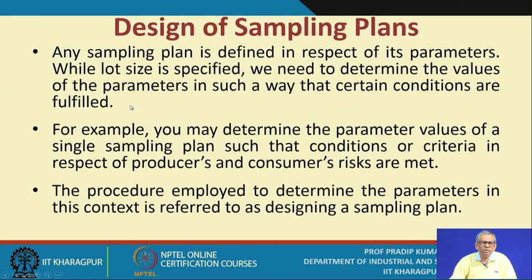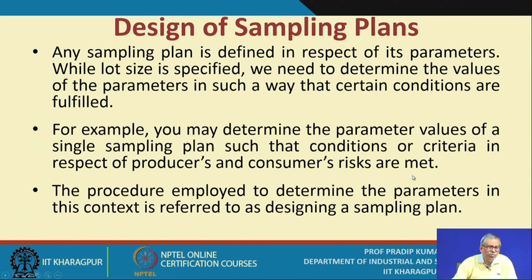Any design exercise is carried out to meet certain goals or objectives. For example, you may determine the parameter values of a single sampling plan such that the criteria in respect of producer's and consumer's risks are met.